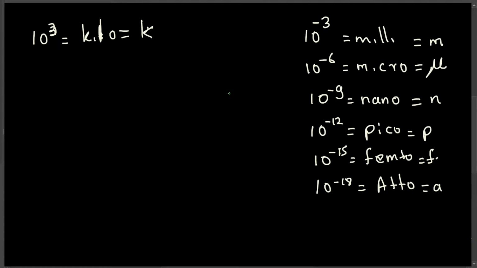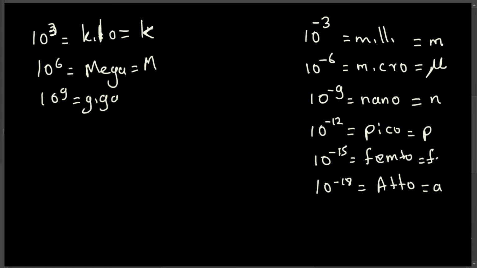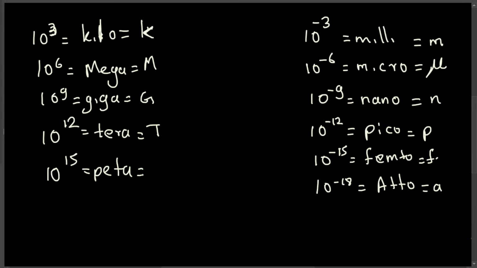Okay, the next one is 10 to the power of 6, that is mega, and only kilo is small k and the others are capital letters. Mega is capital M, 10 to the power of 9 is giga, capital G, 10 to the power of 12 is tera, capital T, and 10 to the power of 15 is peta, capital P. You can see we have pico and peta.